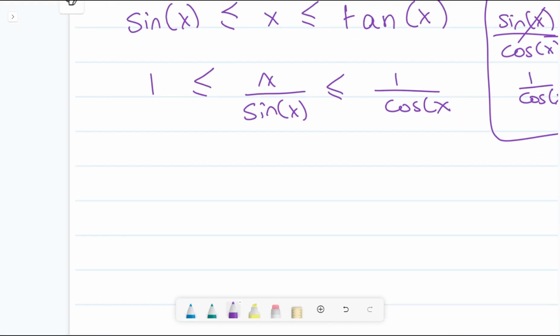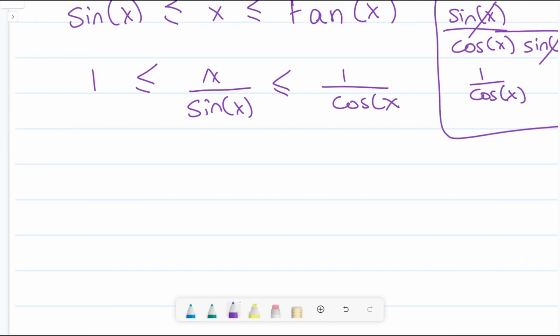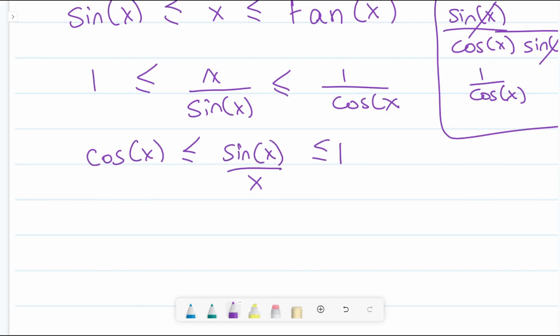The function we want is sine x over x. So we want to take the reciprocals of everything. And just keep in mind that if we take the reciprocals, the inequality gets switched. So basically, we get cos x is less than or equal to sine of x divided by x, which is less than or equal to 1.